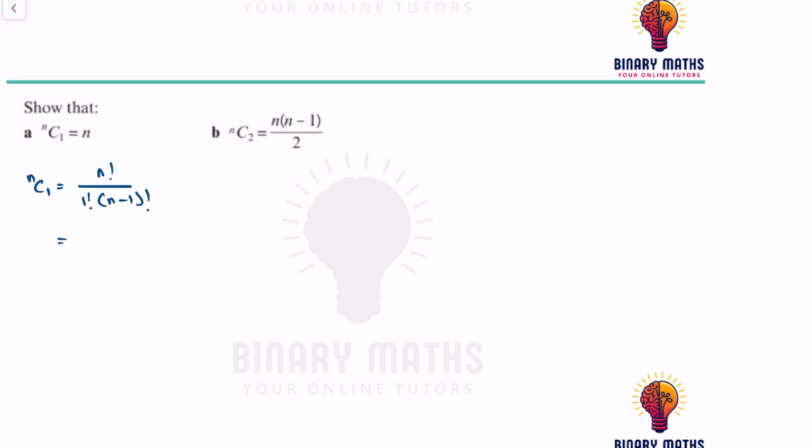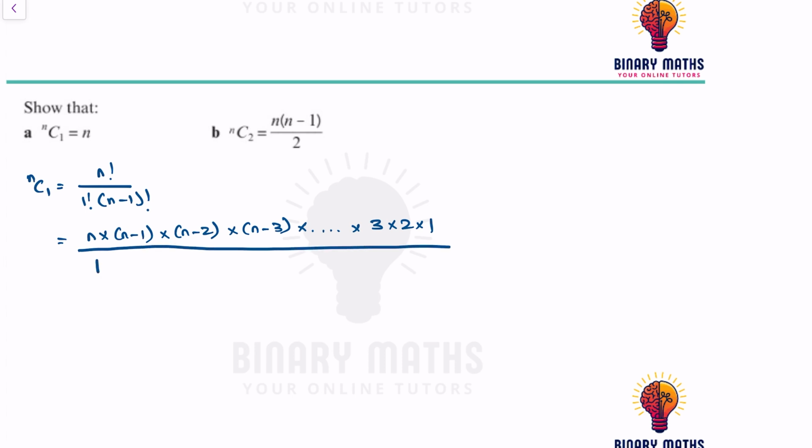Now n factorial is just n times n minus 1 times n minus 2 times n minus 3 going all the way down times 3 times 2 times 1. 1 factorial is just 1. N minus 1 factorial is n minus 1 times n minus 2 times n minus 3 all the way down to times 3 times 2 times 1.